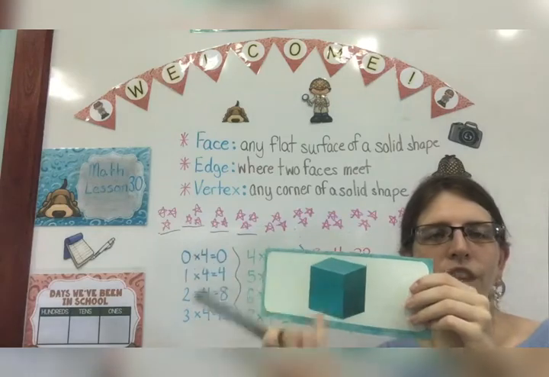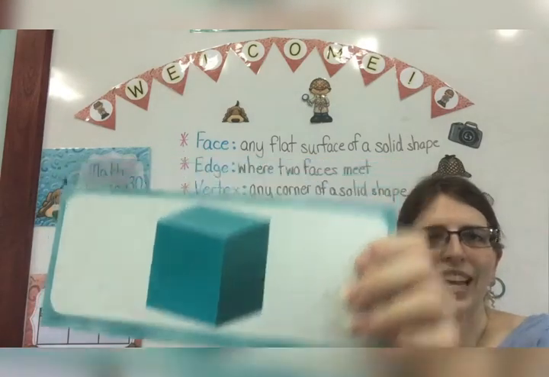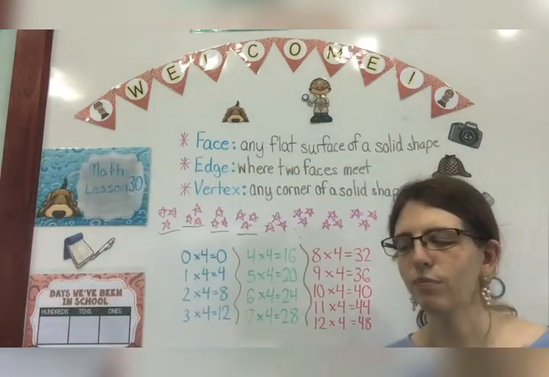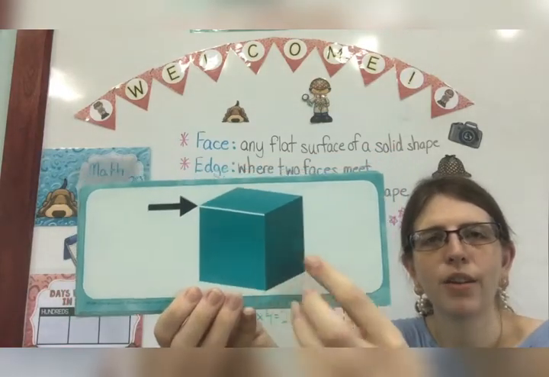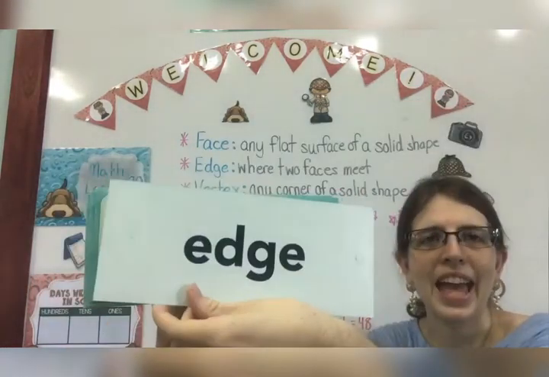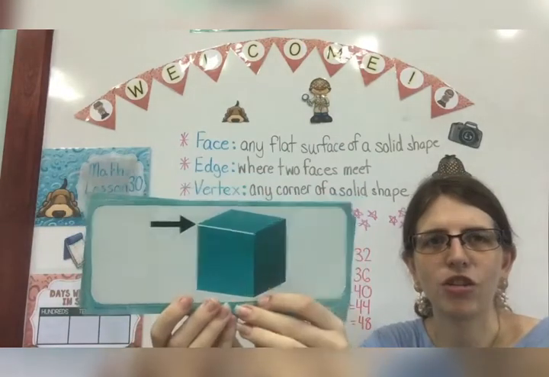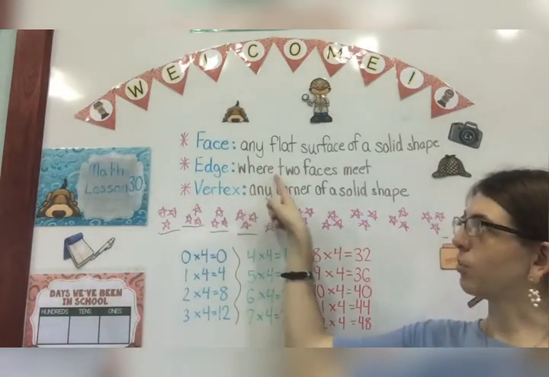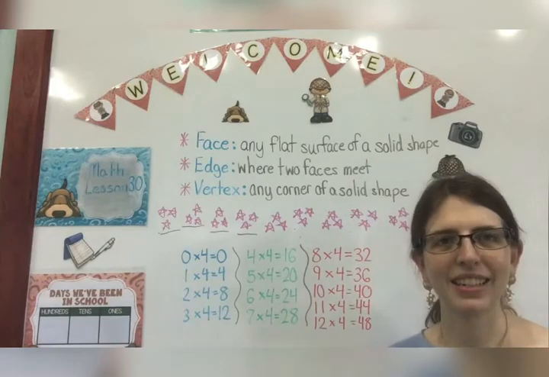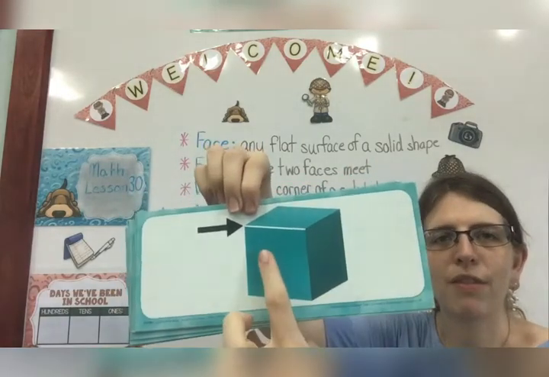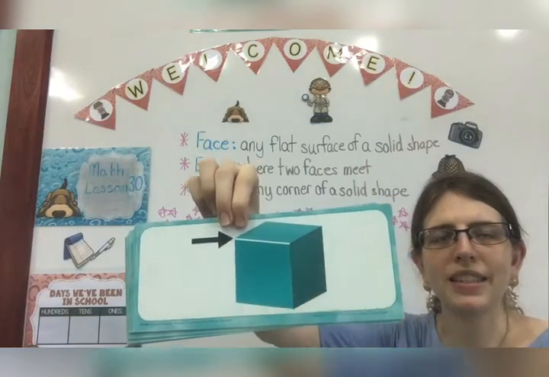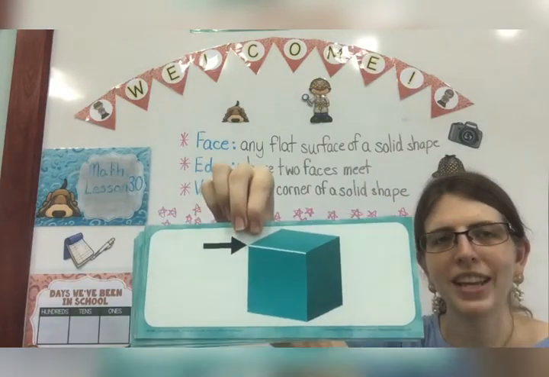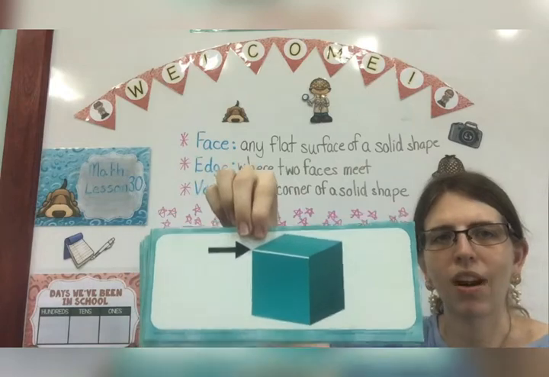So here's our cube. All of the cube's faces are the same size. We call this part here, see the part in white? We call that the edge. The edge is where two faces meet. So in my shape, I have a face here and a face on the top. Where they meet is that white part, and that is called your edge.